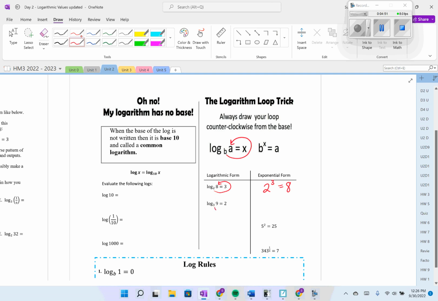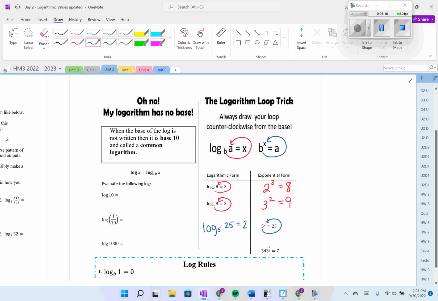I can do the same thing for this next one, 3 squared equals 9. If I want to do the opposite, go from exponential form to logarithmic form, we can do the same thing. The base stays the base. This would be log base 5 of 25 equals 2, because remember, the answer to a log is an exponent.